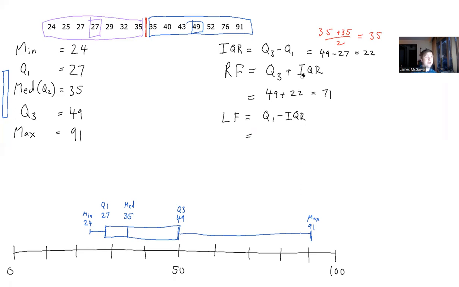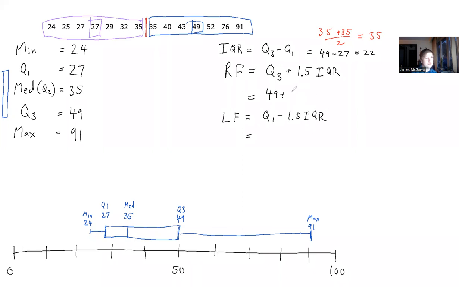I almost messed up pretty badly. That's not the formula. It's 1.5 IQRs for the fences. One and a half times the IQR, and that's for both fences. Just had a little slip of the brain there.